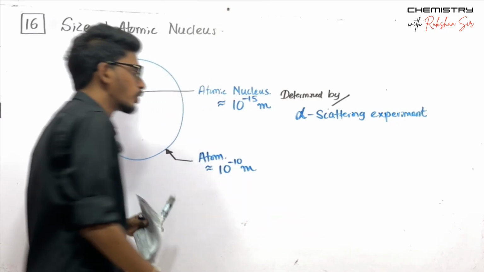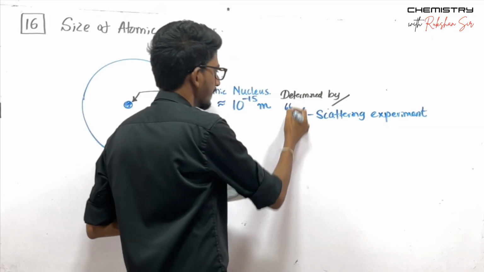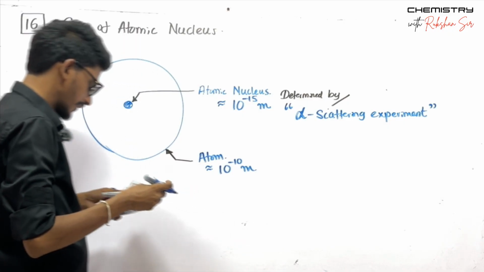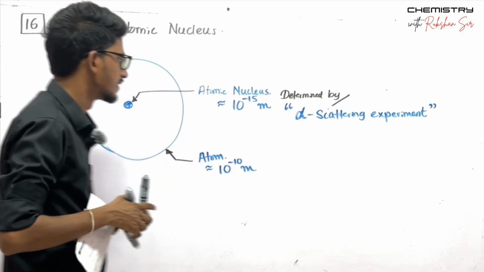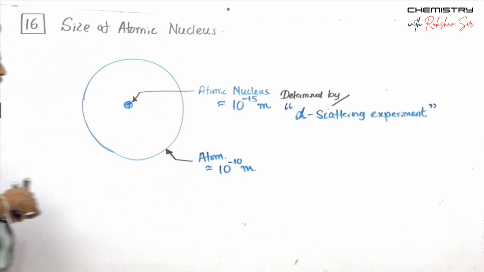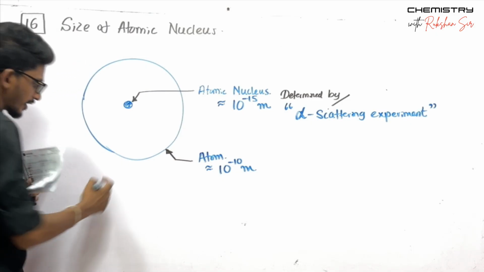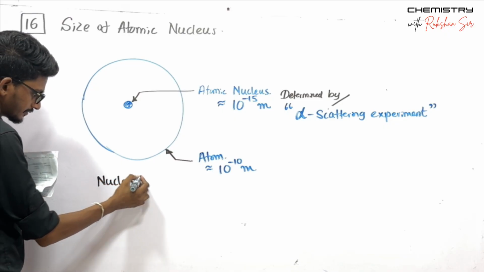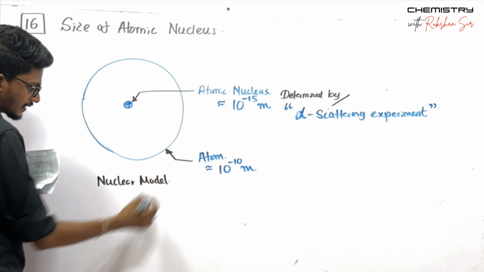This is also known as the Geiger-Marsden experiment, right? So making use of alpha particle scattering, that is the idea. So this was Rutherford's nuclear model.